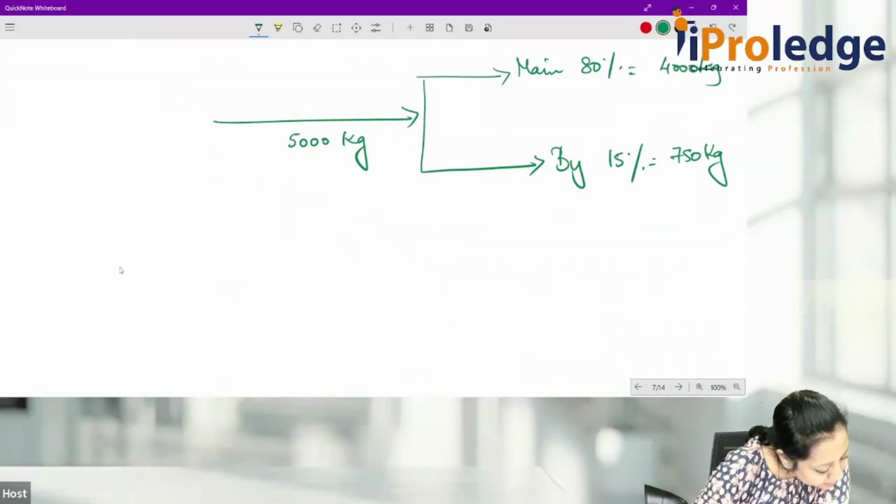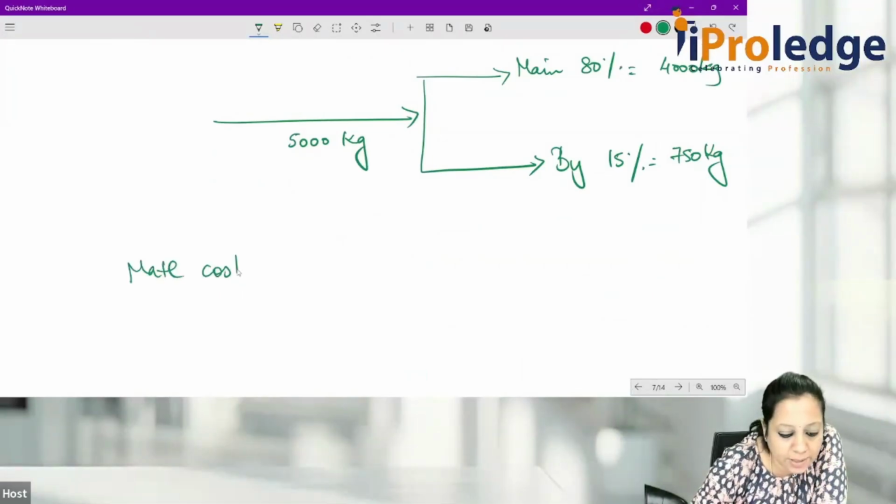We have been given the material cost. Material cost is going to be 23.75 per unit, given in the second line.